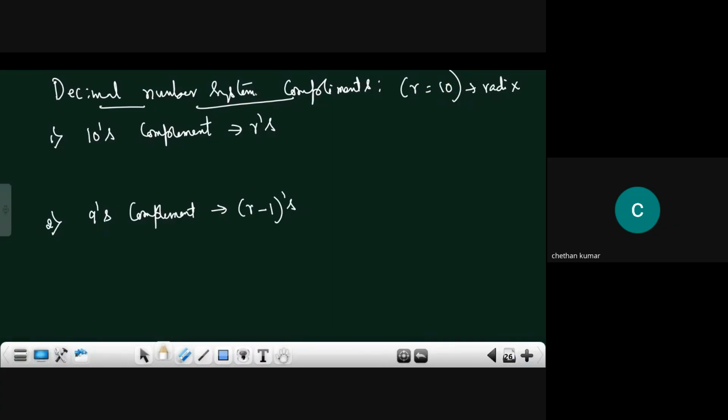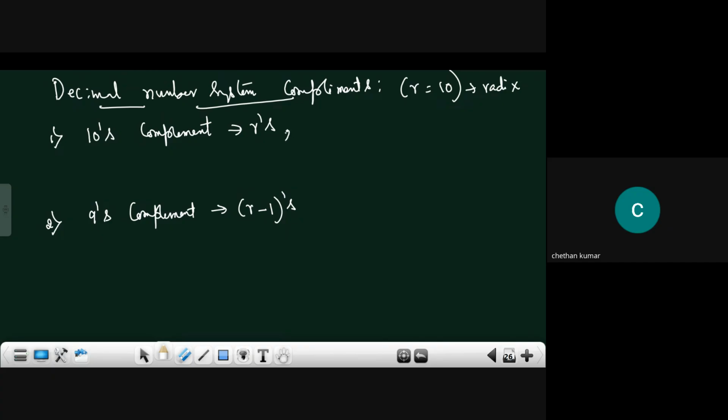So how do we represent the 10's complement? I said complements are used for representing negative numbers, and also for subtraction. What is meant by the 10's complement?